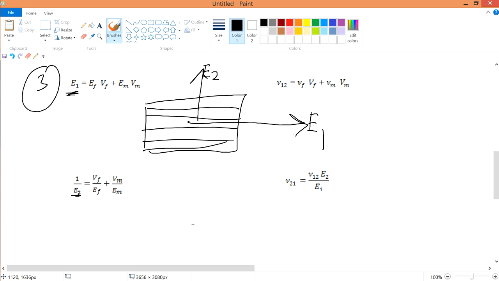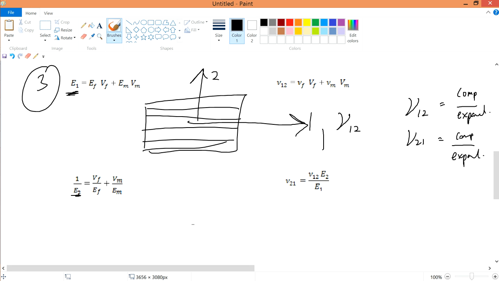Also, the Poisson ratio V12 is actually the ratio between the compress versus the expand. The compress is in the two direction, and the expand is in the one direction. If it's V21, then the compress is in the one direction, and the expand is in the two direction. So to visually see what I'm talking about, V12 is compressed in the two direction. When you pull this one, you're expanding in the one direction, so this part over here may go down.